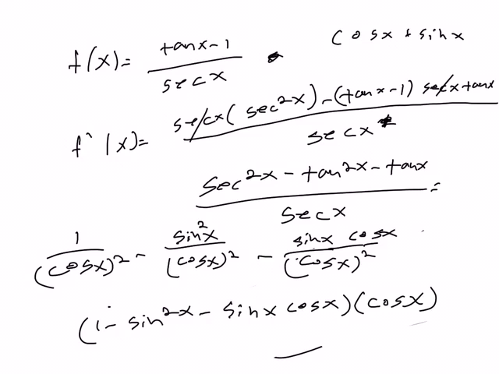And now what we get is cosine x minus sine squared x cosine x minus sine x cosine squared x.